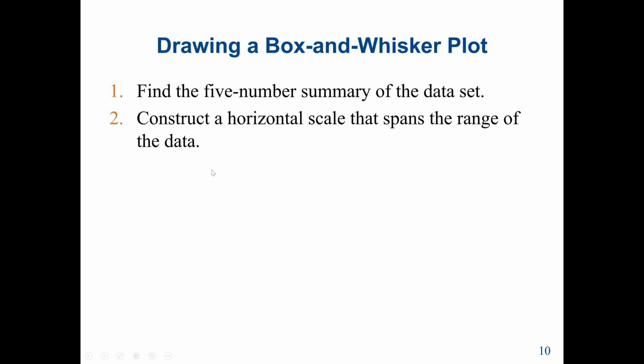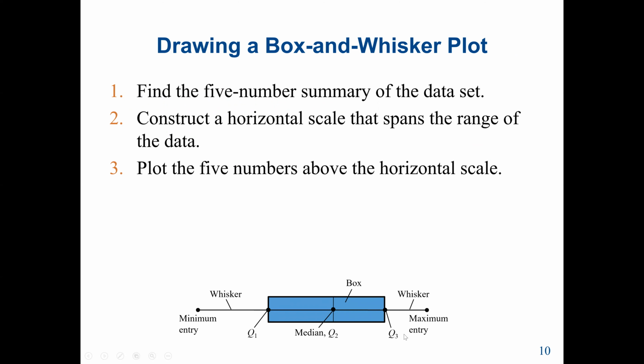Then we draw a horizontal scale. So that's a good example. We draw the horizontal scale here, so we can see the graph. The minimum entry, again, hopefully everybody can see the cursor. Please follow the cursor. So the minimum entry, the maximum entry, Q1, Q2, and Q3.